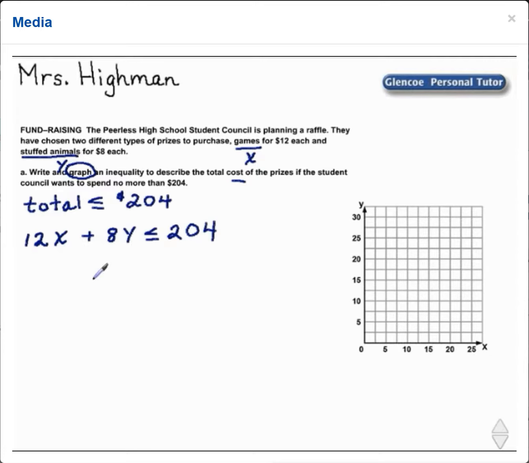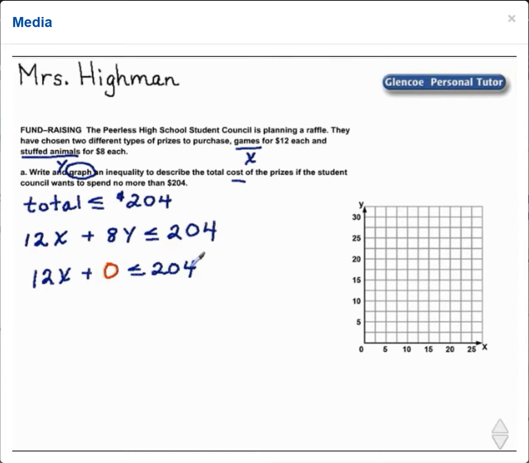Okay, so let's use x and y intercepts to graph our inequality. And to get the x-intercept, we're going to put 0 in for y. So that gives us 12x plus 8 times 0 would just be 0. And we have 204.